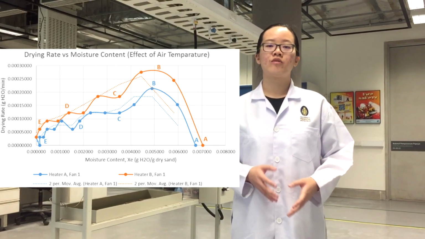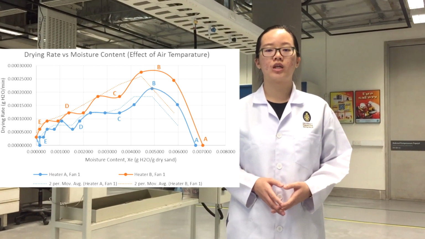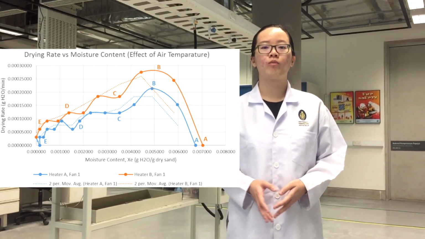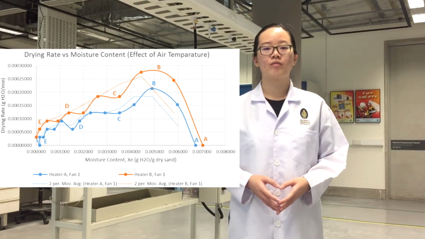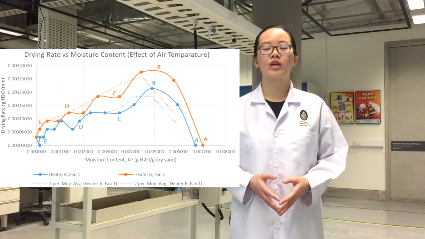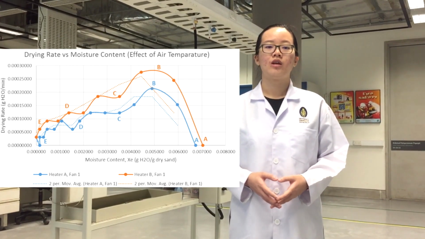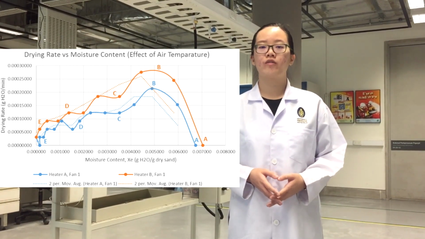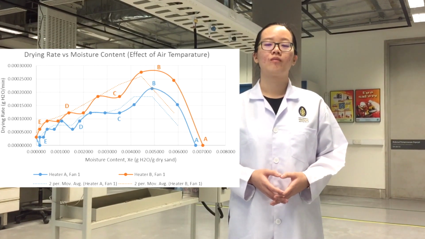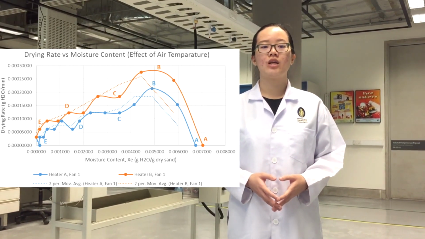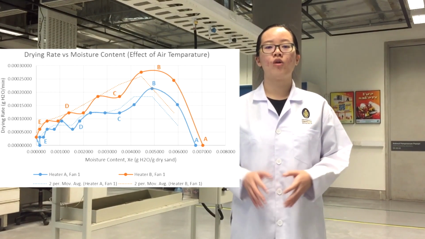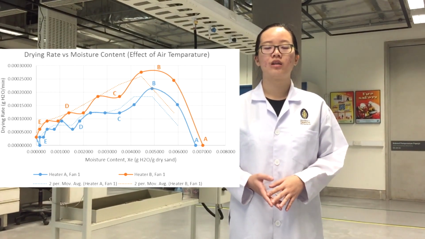At this stage, the rate of evaporation of water began to decrease as moisture content decreased. Lastly, the drying rate decreased when the moisture content of the wet solid decreased during the last stage, the falling rate drying period. The water left in the wet sand continually decreased until the whole sand was completely dry.